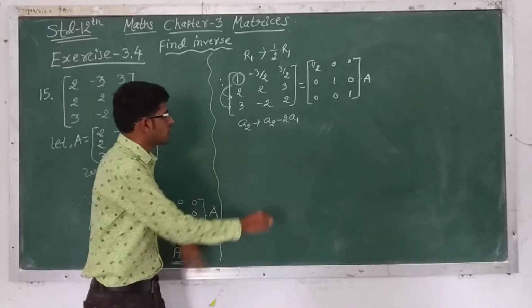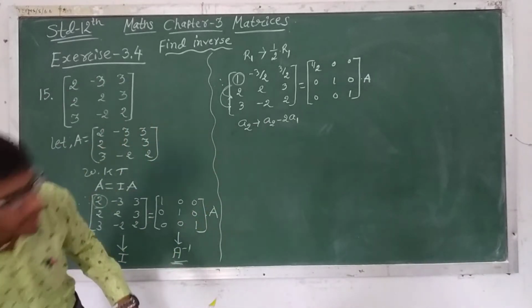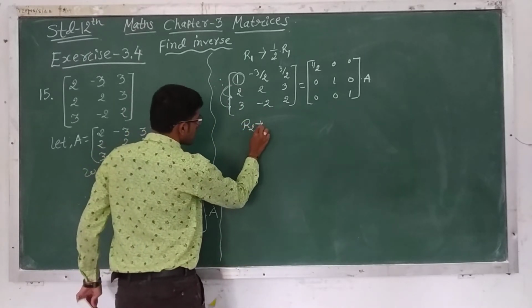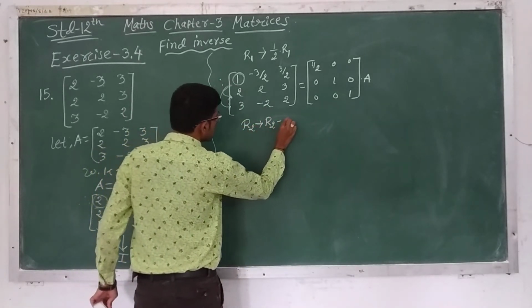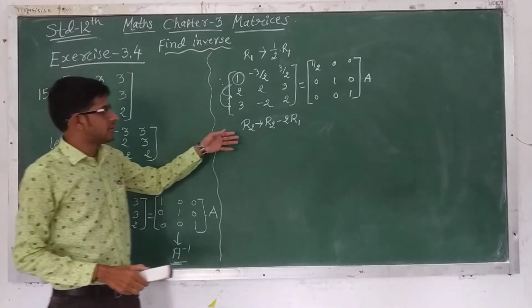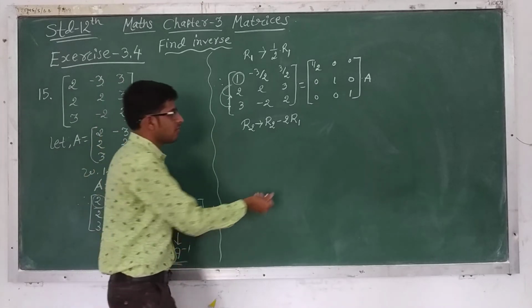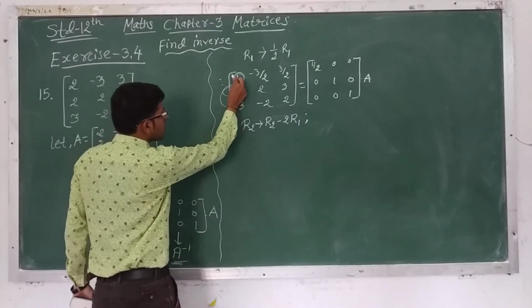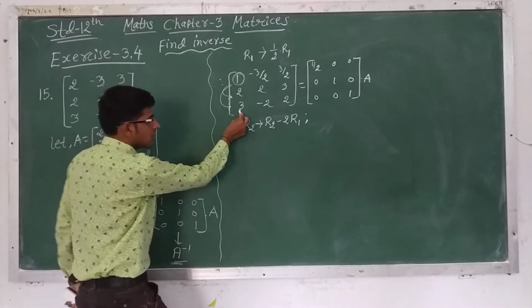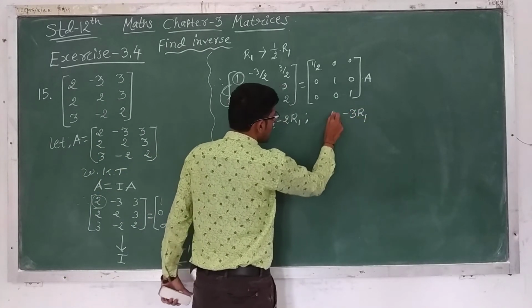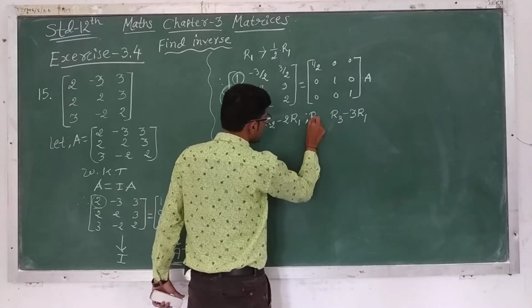Here we write R2 goes to R2 minus 2R1. The second operation is written the same way: we multiply the first row by minus 3 and add to the third row, so R3 goes to R3 minus 3R1.